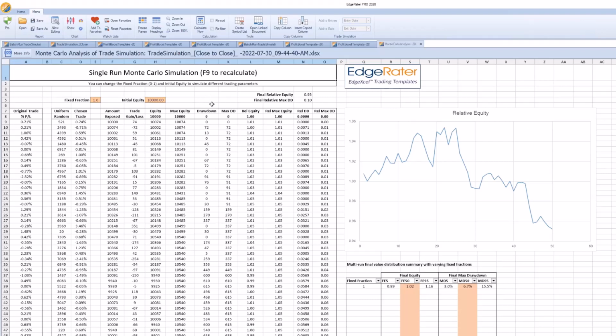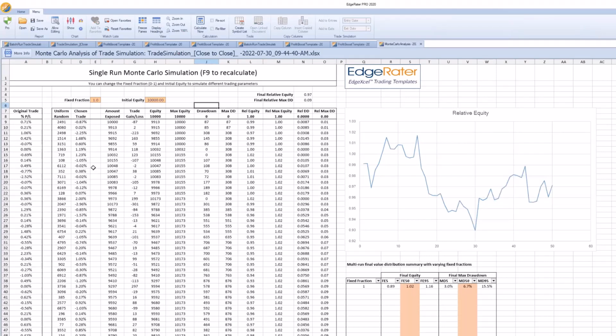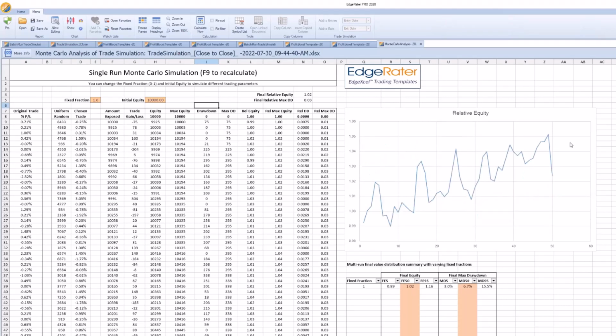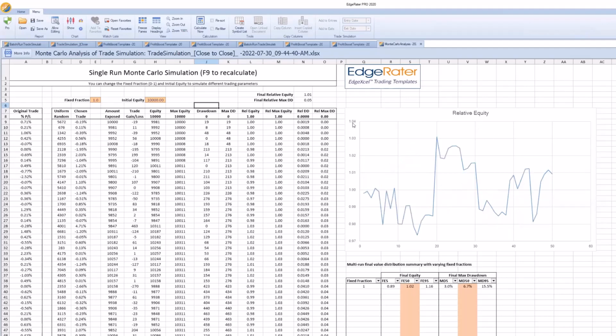Every time I press F9 in here, I'm going to actually generate a different sequence. It's going to pull out different random trades and put them in a different sequence. And you can see this relative equity line sometimes will be positive and sometimes will be negative. And it's just going to vary because you're picking out random trades.